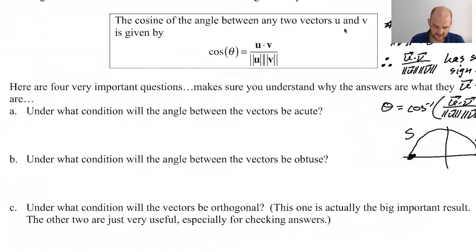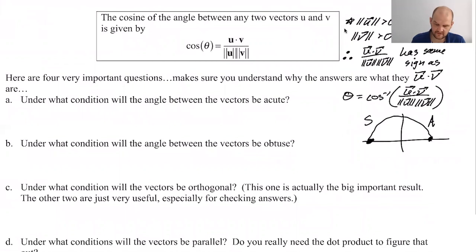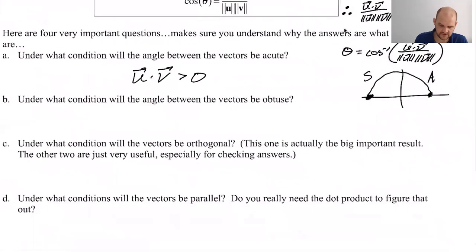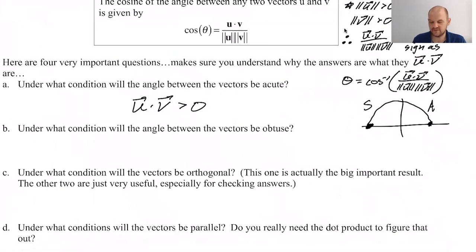So under what conditions will the angle between the vectors be acute? If you get an acute angle, that means you did the inverse cosine of a positive, which means the dot product must be positive. So if the angle is acute, then u dot v must be greater than 0. How about obtuse? It's just the opposite argument. If you get an obtuse angle, you must have done the inverse cosine of a negative, which means you are dealing with a second quadrant angle.